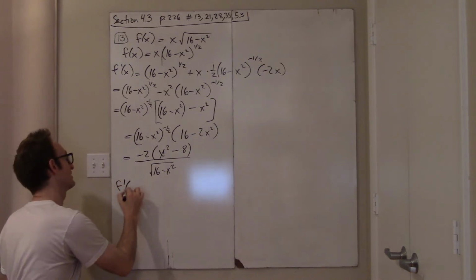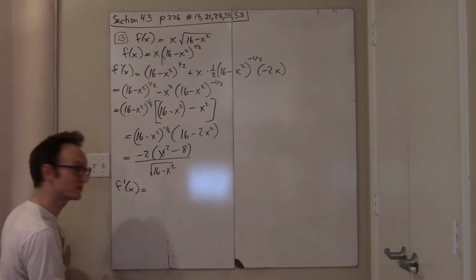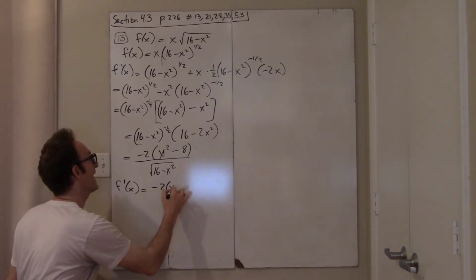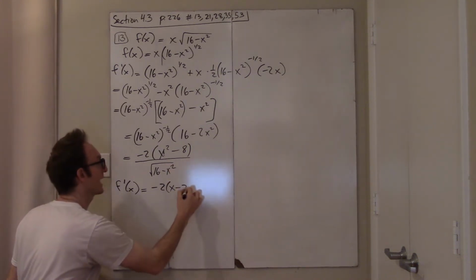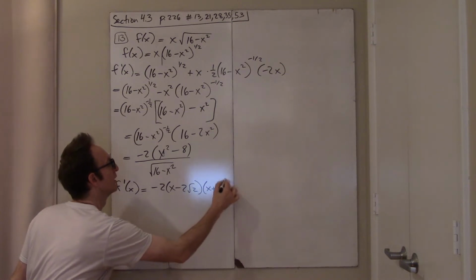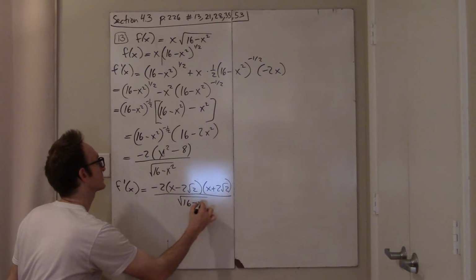The most simplified and clear way to express this derivative is negative 2 times x minus root 8, which is 2 root 2, times x plus 2 root 2, all over root 16 minus x squared.